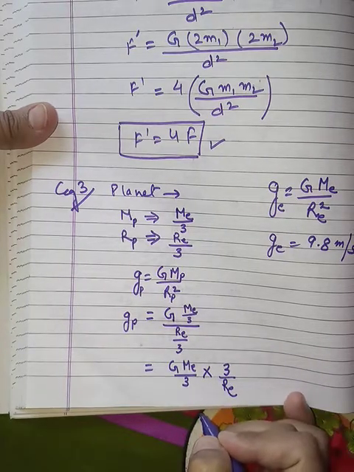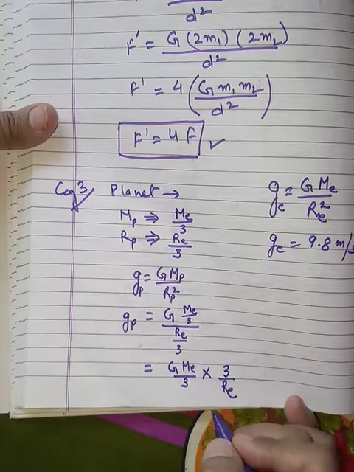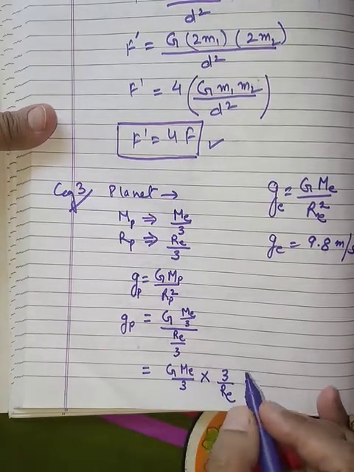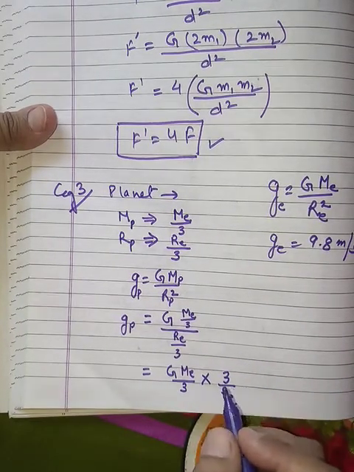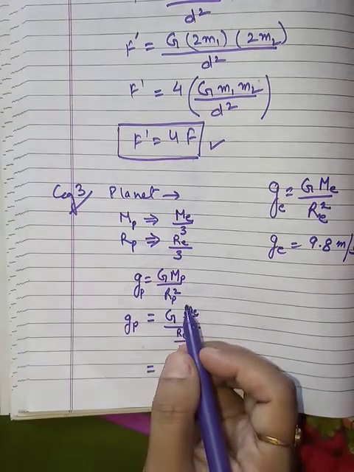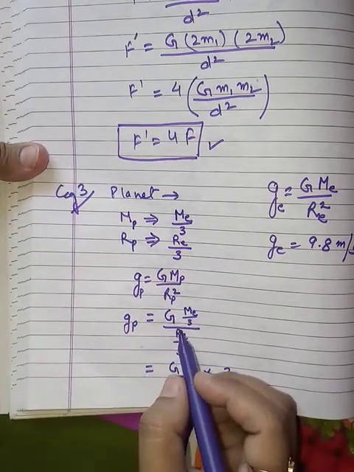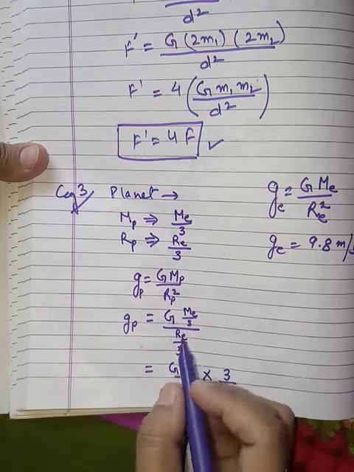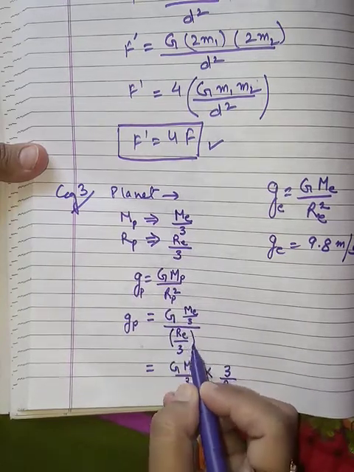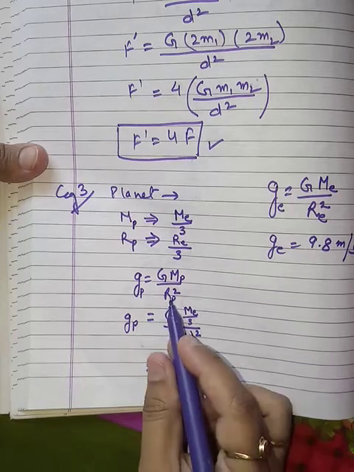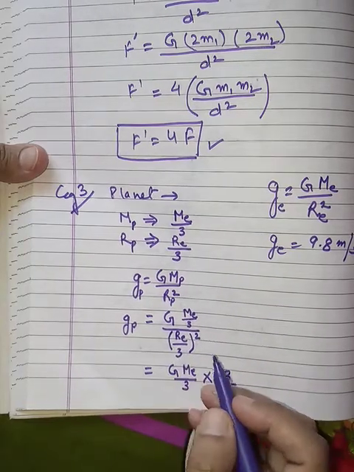Sorry, I have not squared it. So this will be RP square, so RE by 3 whole square.